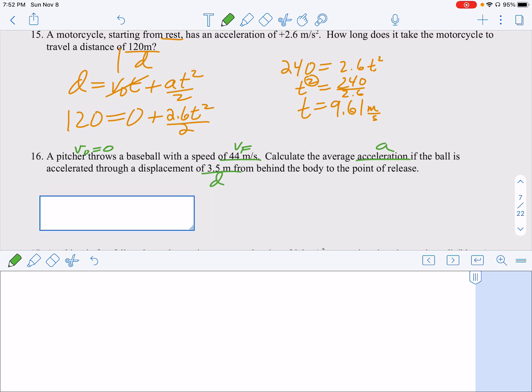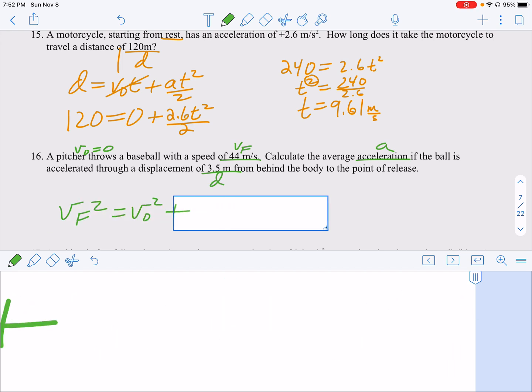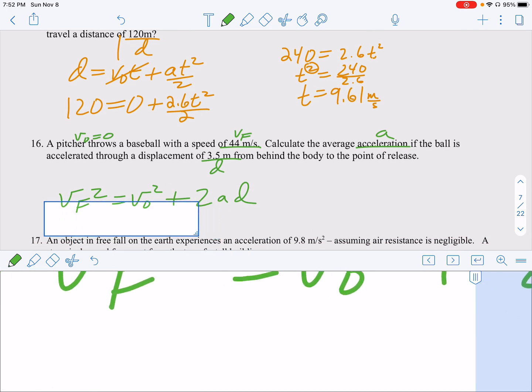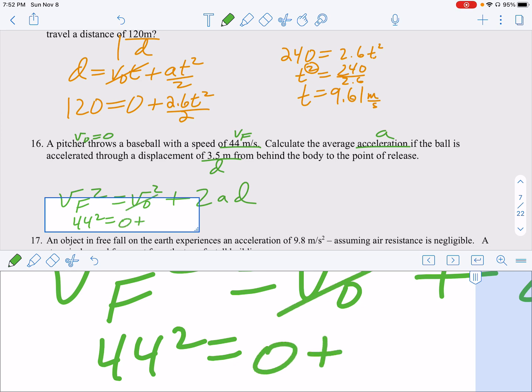Okay, what equation has VO, VF, A, and D? VF squared equals VO squared plus 2AD. There's no time, so don't pick that one. Okay, so I'm going to plug my numbers in. 44 squared equals VO is 0, so that cancels out.